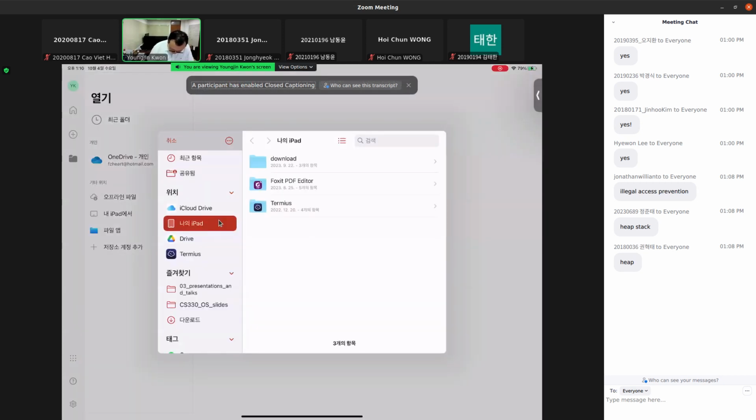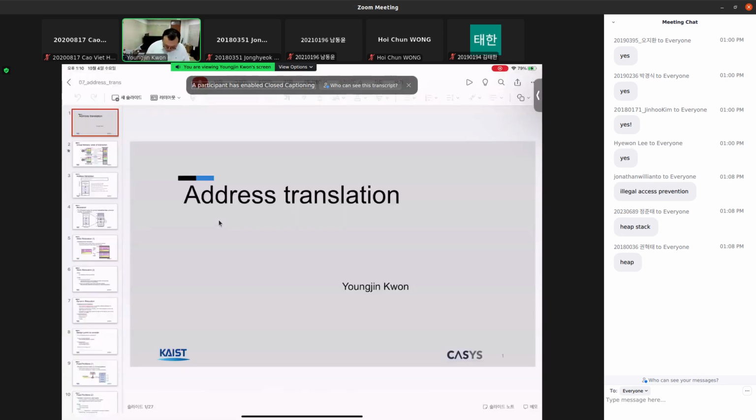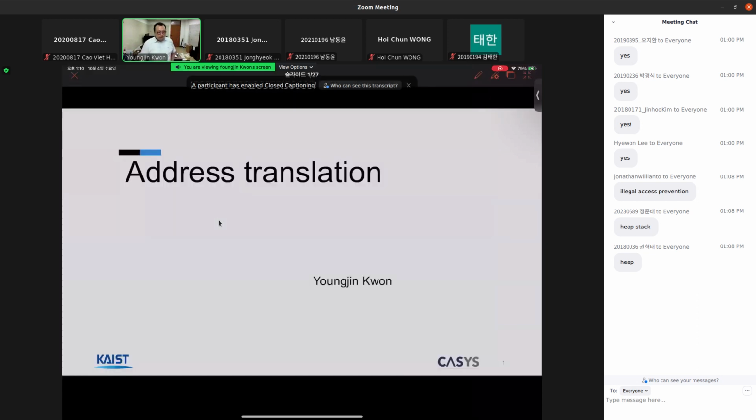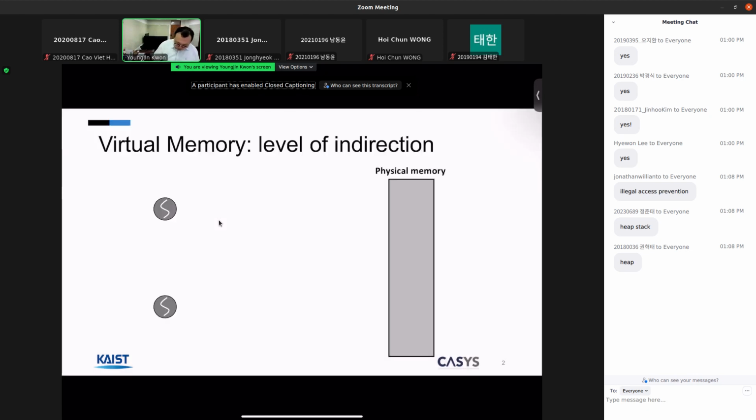we're going to talk about address translation. Okay, so let's begin. Virtual memory design, virtual memory API, address translation, paging, and physical memory and VM functionality. So we are in address translation.